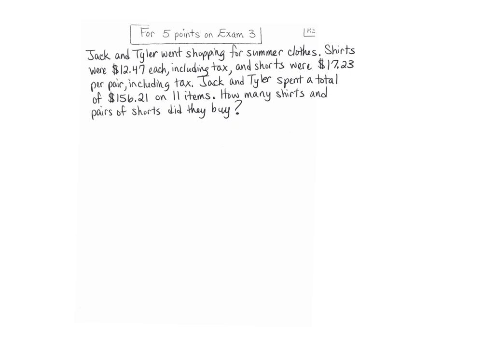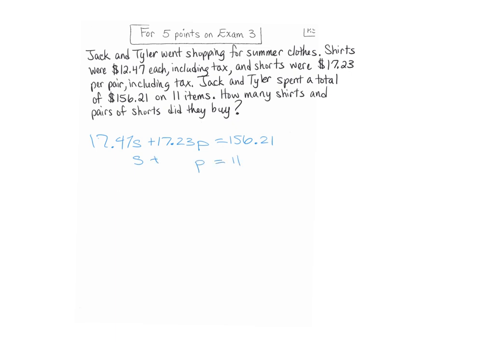Okay, Shay, when you explain it, I need you to talk loud. The 2 equations I wrote down were 12.47 S plus 17.23 P equals 156.21. Make your equals points a little bit darker, bolder. And my second equation was S plus P equals 11.